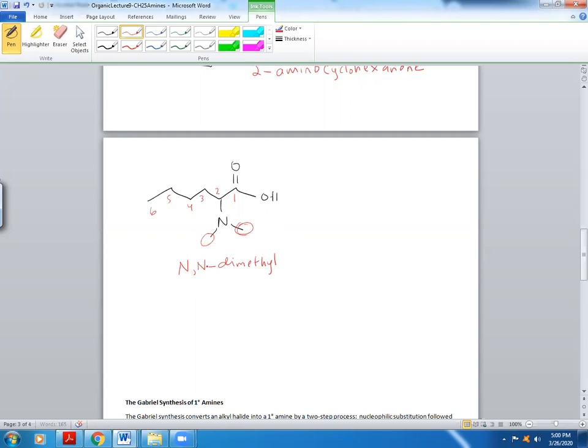Notice we're mentioning it just like when we did the number, you have to write it twice. Dimethyl. As a substituent, that's called an amino. Now, the only thing you have to do before you continue is indicate where this whole thing is occurring, and we know that that's at 2.